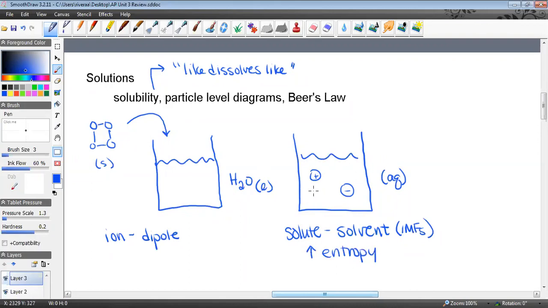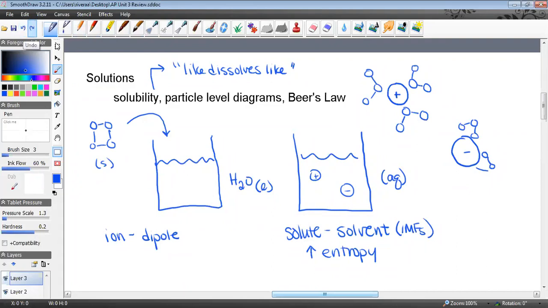So if this was ion-dipole, you would want to make sure that you drew the oxygen portions of your waters being attracted to the positive cation in solution. And your larger negative anions would be surrounded by the partially positive hydrogens.